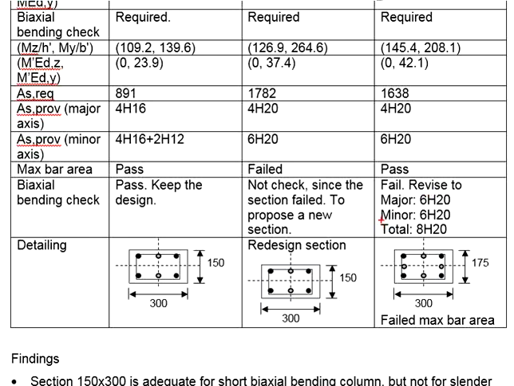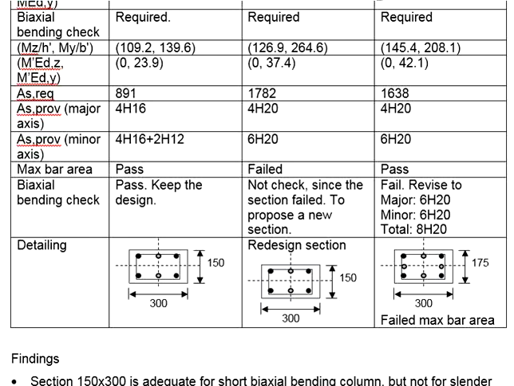Although the proposed 8H20 in the section passed the biaxial bending check, the amount of reinforcement bar has exceeded the limit. Therefore, such a design cannot be applied, and we will need to increase the size of the section, preventing the amount of reinforcement bar from exceeding the maximum bar limits.